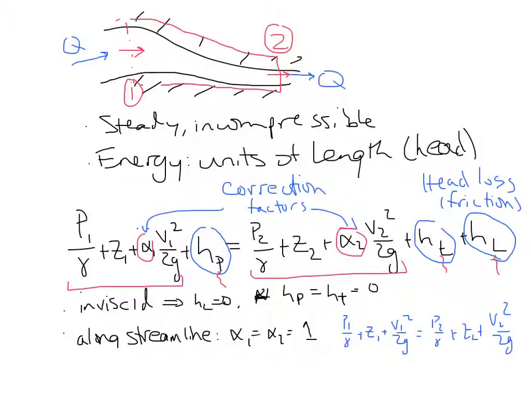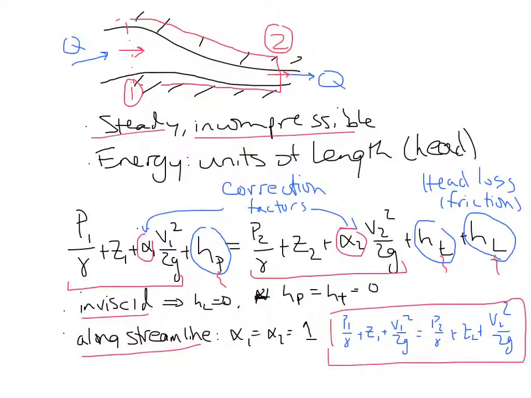So that's the Bernoulli equation. Notice that the assumptions that we applied for the Bernoulli equation, steady flow, incompressible flow, inviscid flow, along a streamline, all reappear here. So we make the same set of assumptions and we arrive at the Bernoulli equation.